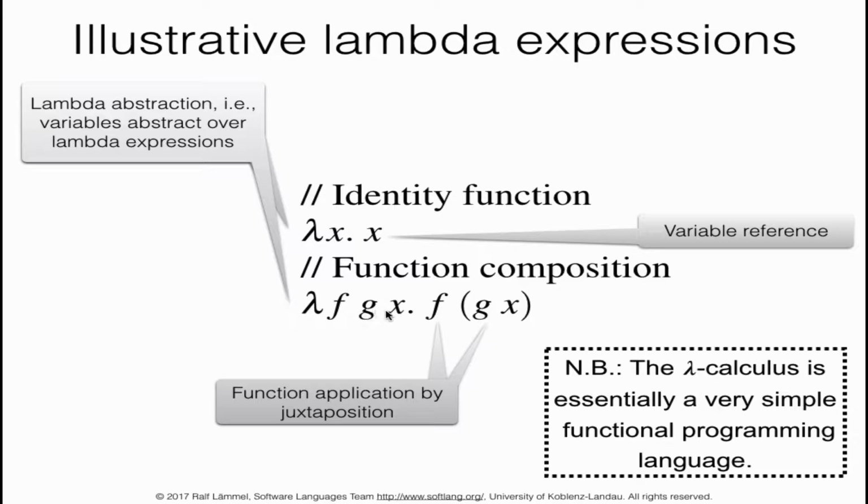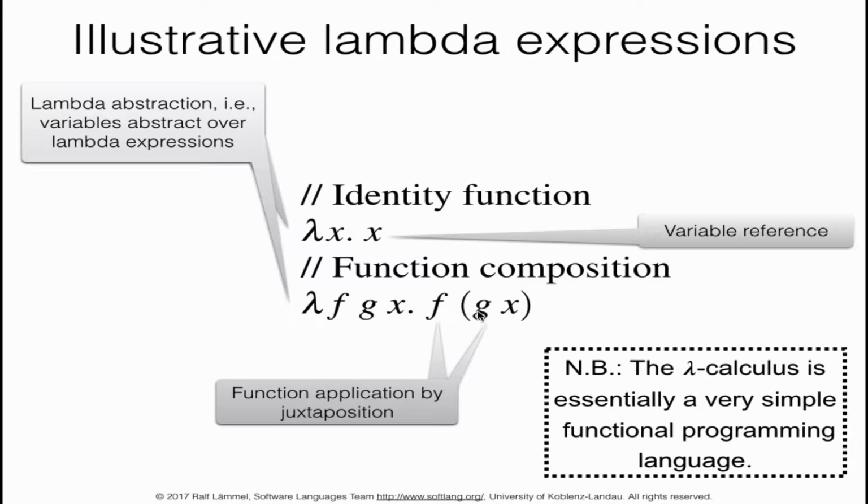Or here we've got a function with three arguments, f, g, and x, and we apply g to x and then f. So this is obviously the anonymous representation of function composition. We have variable reference in the body, we have lambda abstraction to basically bind an argument.